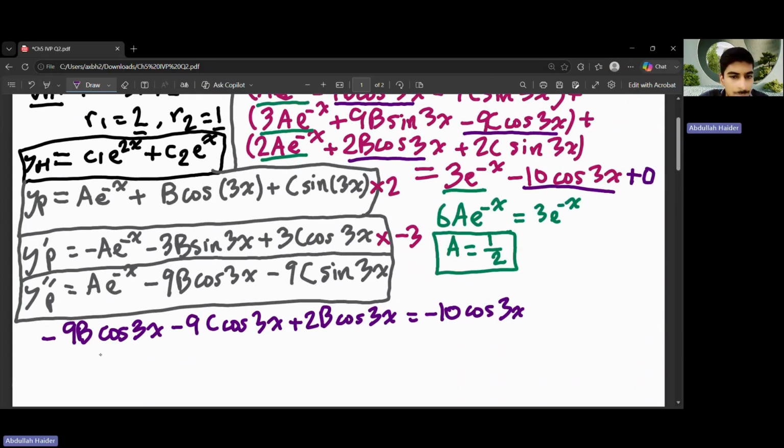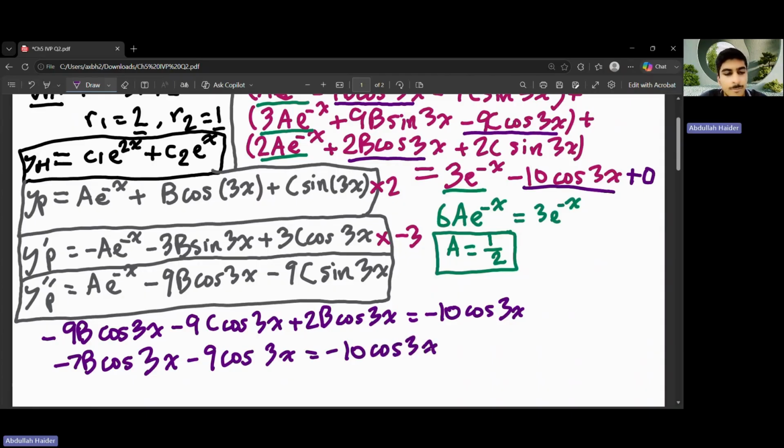So when you equate this, you'll get negative 7b minus 9c minus 7b cosine 3x minus 9 cosine 3x is equal to negative 10 cosine 3x.